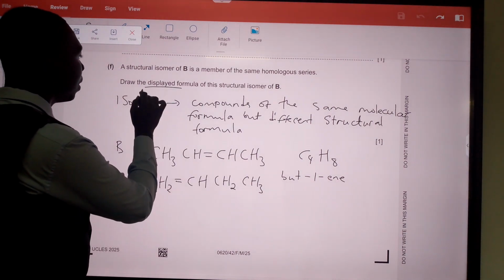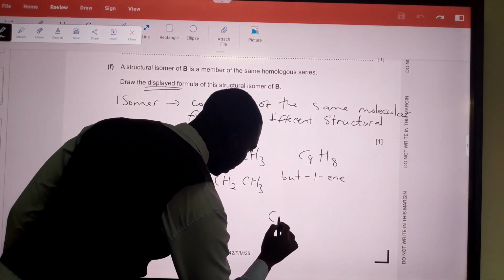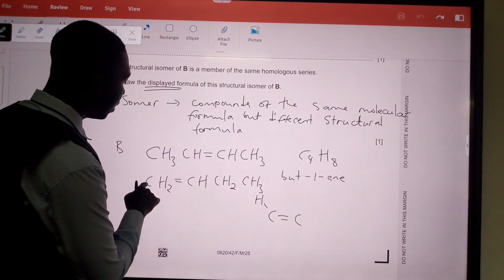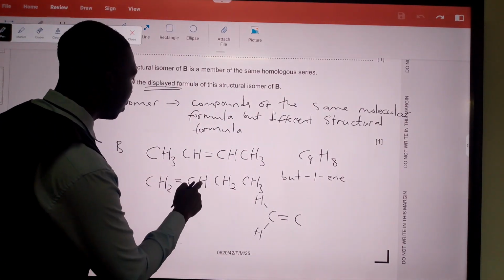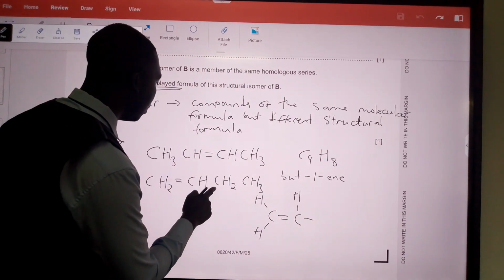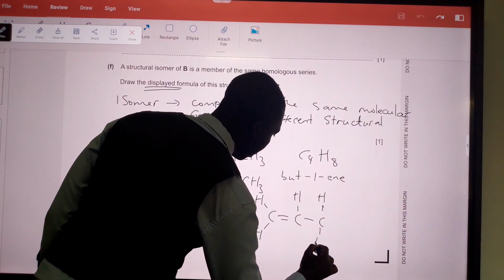However, the question required us to draw the displayed formula, meaning we're going to show all the bonds. So it is like this. The first carbon has 2 hydrogens, so I'm going to put 2 hydrogens. The second one has 1 hydrogen. Then we continue. This one has 2 hydrogens like this.